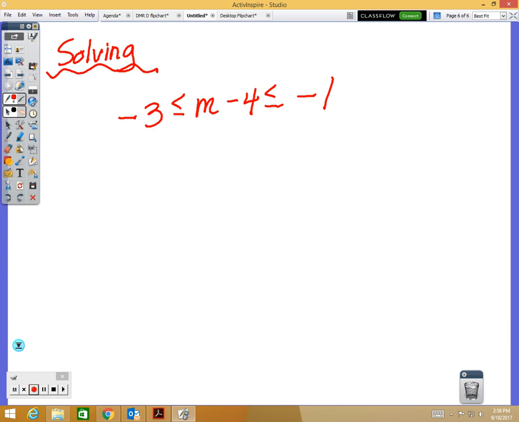So in order to solve this, we're going to write this as two separate inequalities. Right now, this is one of the ones where you have an and because it's a mashup, okay? But I'm going to take this part here. Negative 3 is less than or equal to m minus 4. I'm going to solve that. And then I'm going to take from here to here.